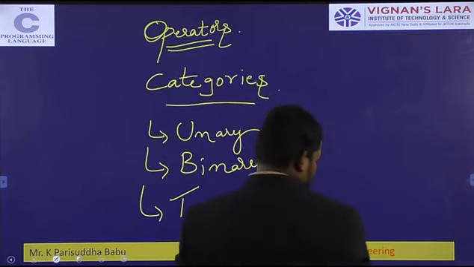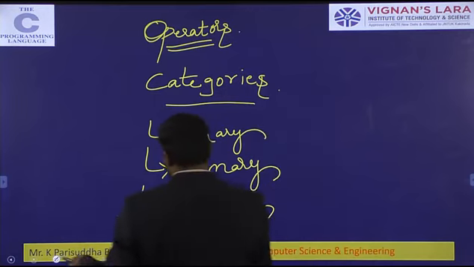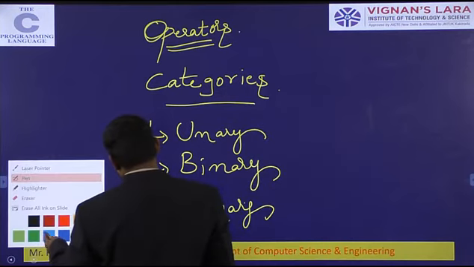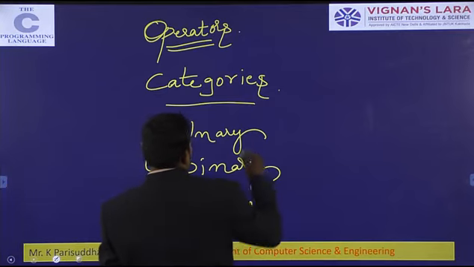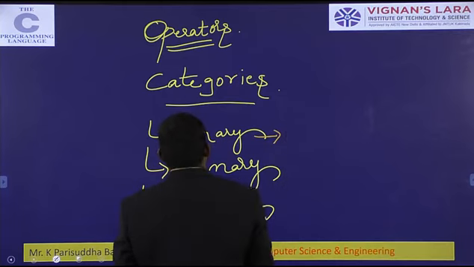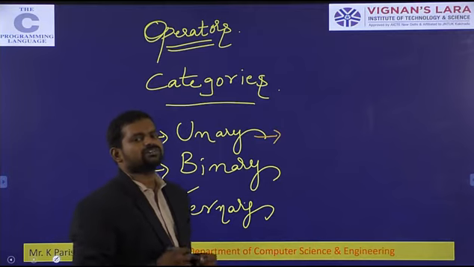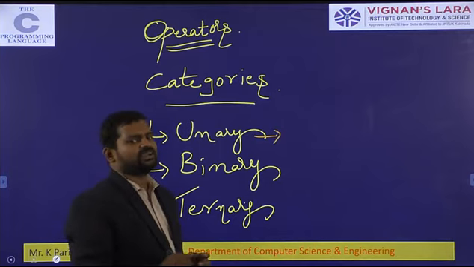Coming to the unary operator: a unary operator is an operator that performs an operation on only one operand.